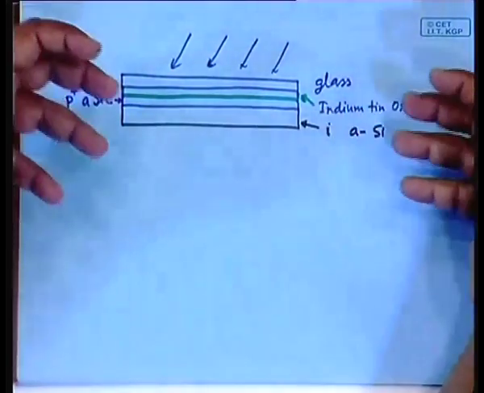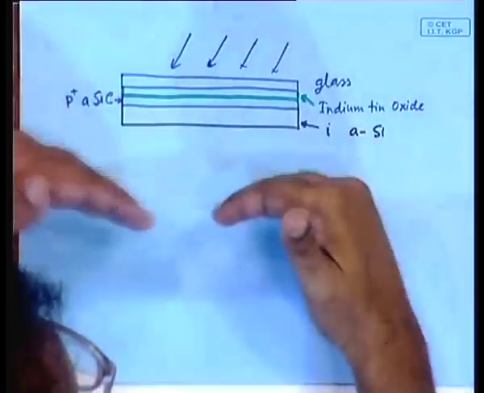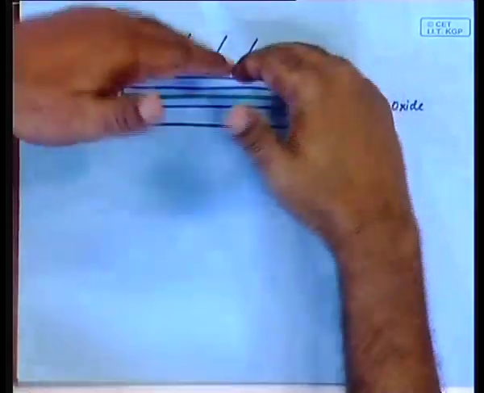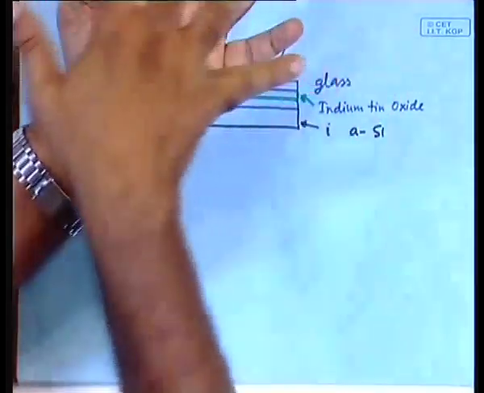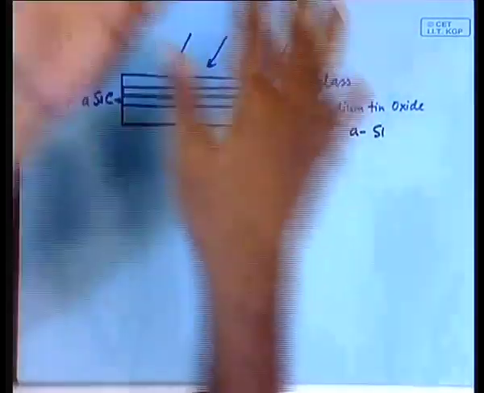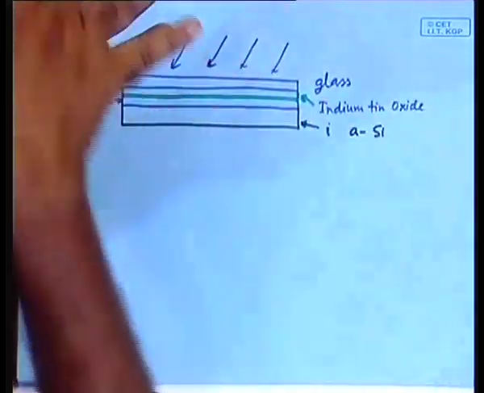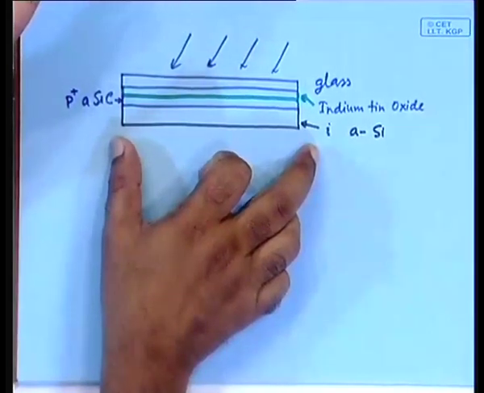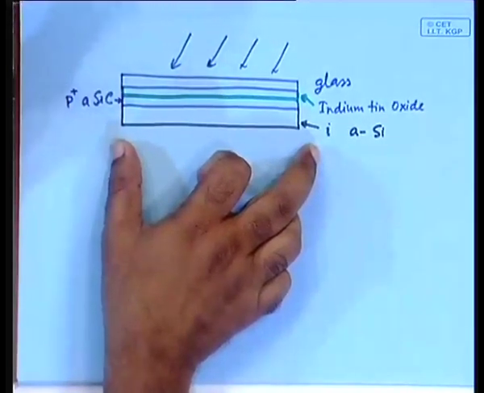How is it done? All these layers are actually deposited one after the other. That means, when it is manufactured, the glass is laid like this and things are deposited. First you have got the indium tin oxide layer deposited and stuff like that. Now, when this layer is deposited, it is actually deposited out of silane gas. Silane is SiH4.